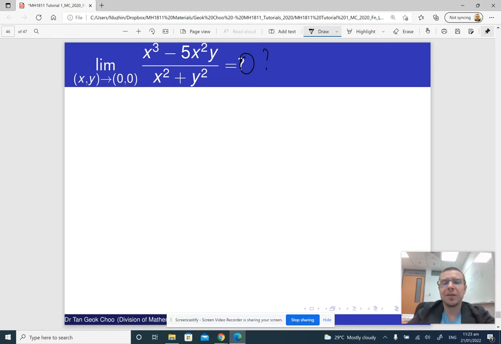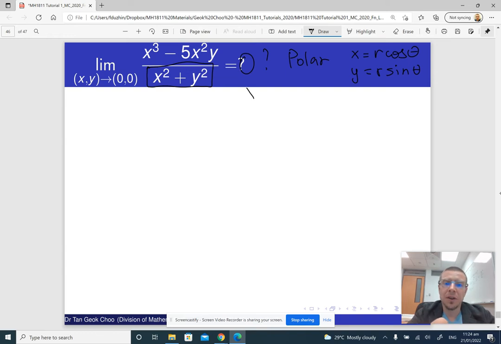So the next thing that we can try is, since there is x squared plus y squared here, and whenever there is x squared plus y squared, a reasonable thing to try is to use polar coordinates. Because in polar coordinates, x is r cosine theta and y is r sine theta.